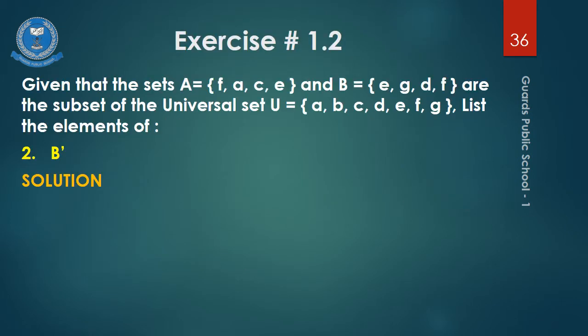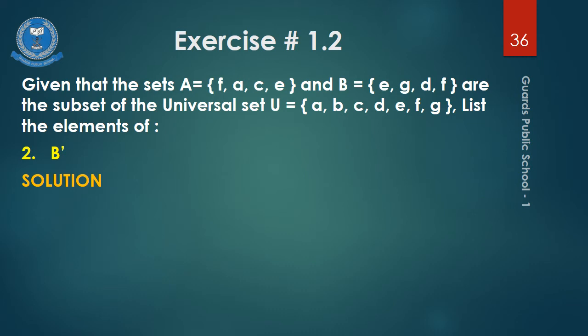Exercise number 1.2. Given that the sets A is equal to F, A, C, E and B is equal to E, G, D, F are the subsets of the universal set U is equal to A, B, C, D, E, F, G. List the elements of B complement.